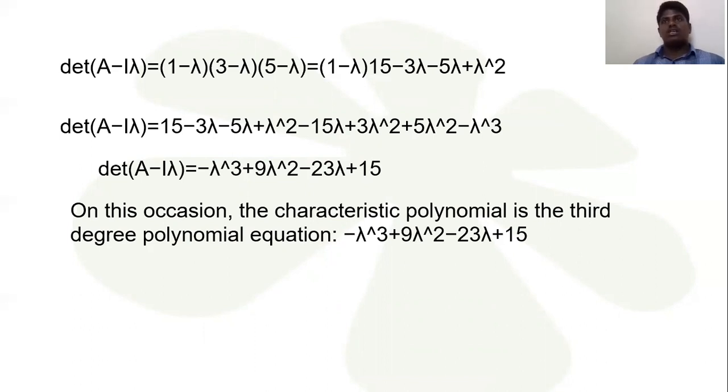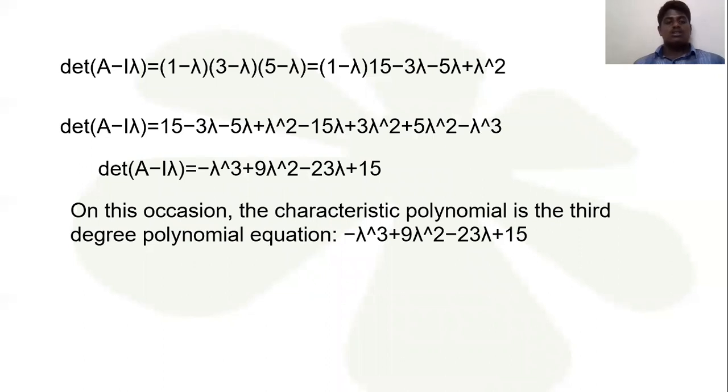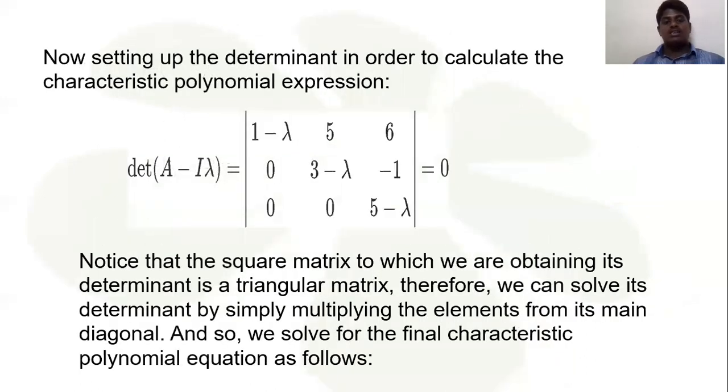So we got the determinant for the 3 by 3 matrix, and because it is a triangular matrix, we simply multiplied the elements from its main diagonal. So we solve the final characteristic polynomial very easily. On this occasion, the characteristic polynomial is a third degree polynomial equation.